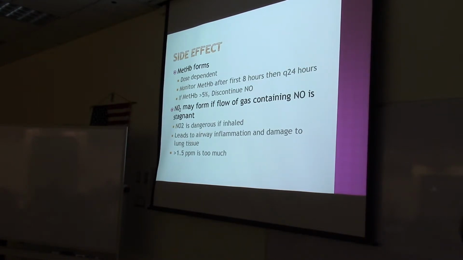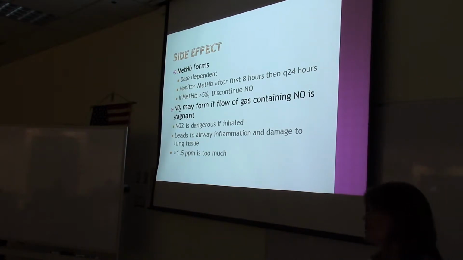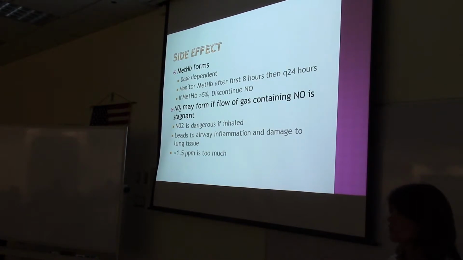Another side effect that happens is nitrogen dioxide might form. And this forms if the flow of gas containing nitric oxide is stagnant. And that could happen if, for some reason, you turn the ventilator circuit off, and you turn off your nitric oxide.